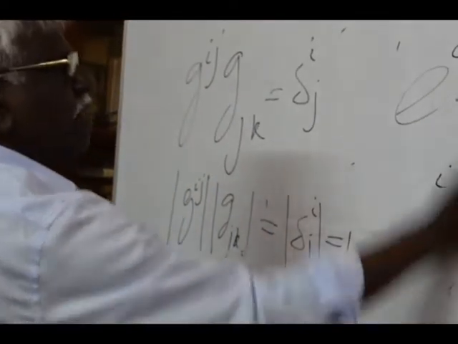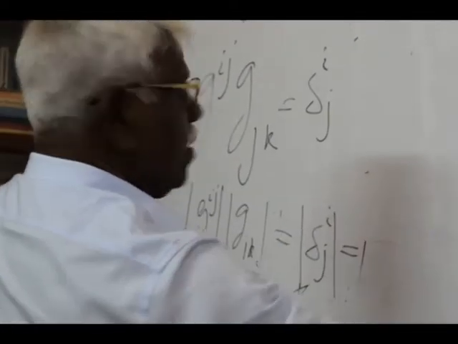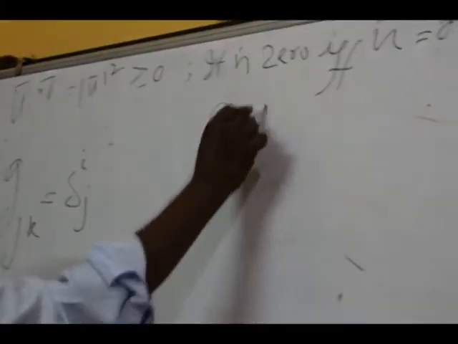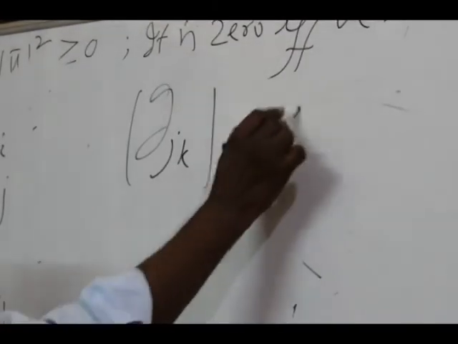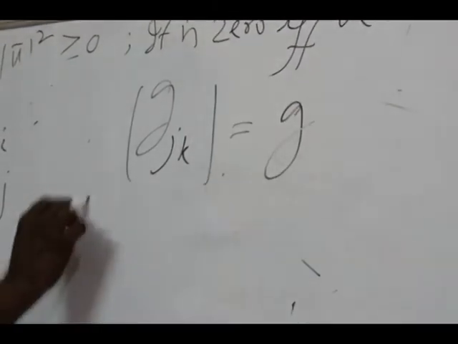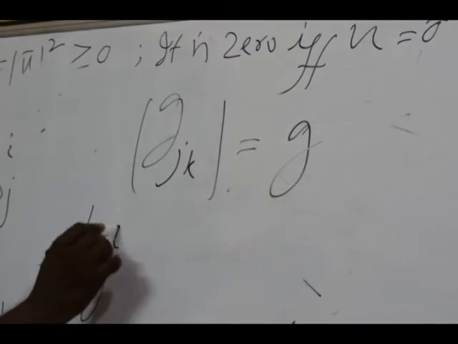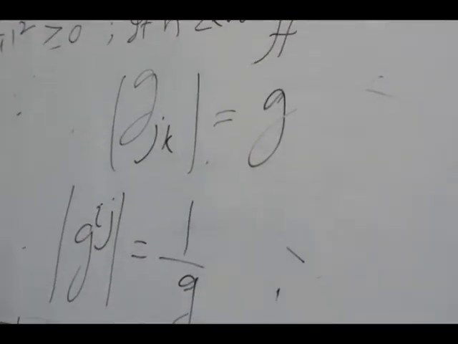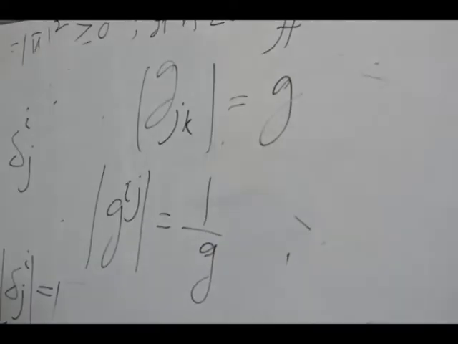So determinant Gjk I put simply as small g. So determinant Gij becomes 1 over small g.